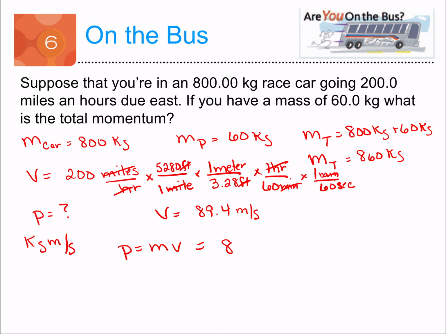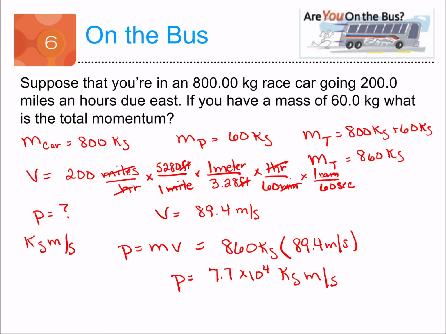Our total mass is 860 kilograms times 89.4 meters per second. So our total momentum is going to be 7.7 times 10 to the 4th kilograms meters per second.